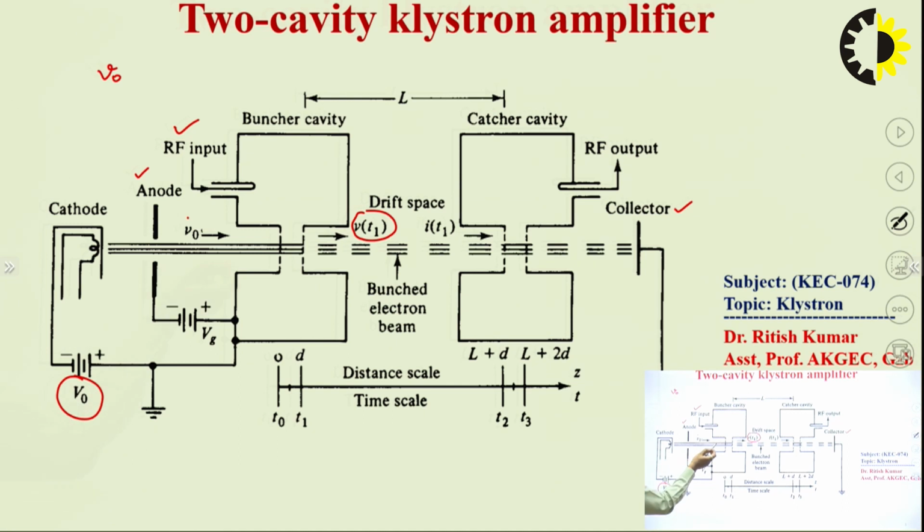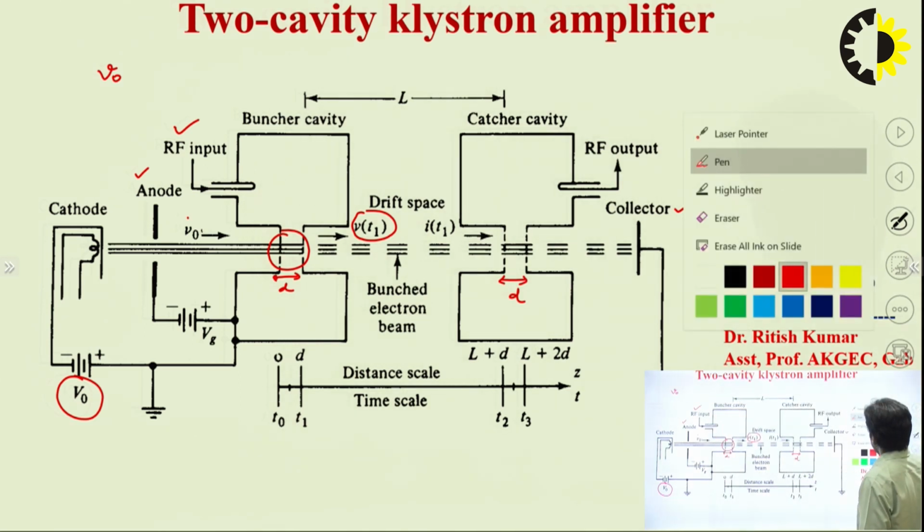And you can clearly see the gap of the cavity is represented by d, 0 to d. So this gap is d and this cavity gap is again d. Whatever changes we can have are only in the region of this cavity gap. This is the main cavity gap where the control of the electron movement can happen by applying the RF input signal here.